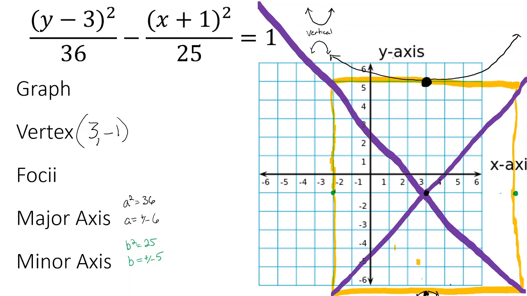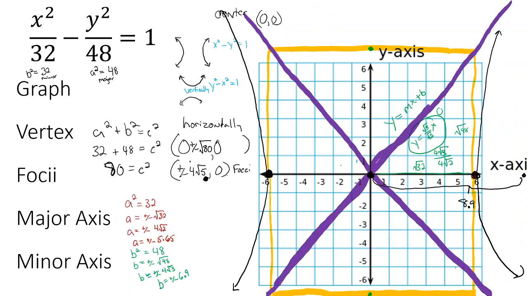Okay. So if I were to find the foci, it's a squared plus b squared equals c squared. So we got 36 and 25 equals c squared. So that's going to be 61 equals c squared. So c equals plus or minus the square root of 61. Square root of 61 is approximately 7.8.